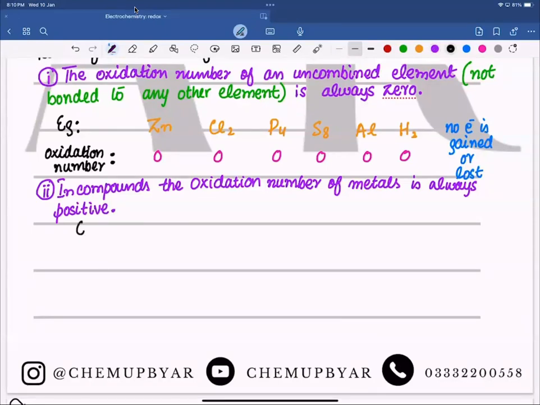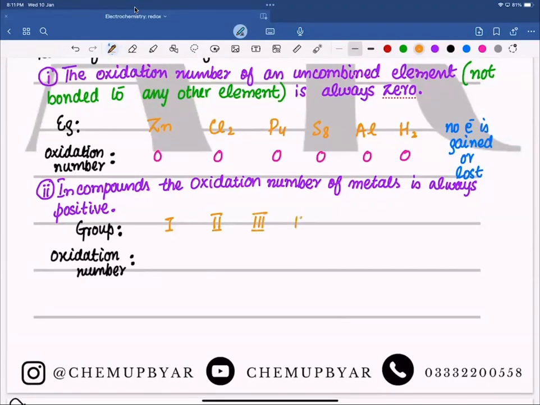Now, it depends on the group. So, the metal can be in group 1 or group 2 or group 3 or from group 4 or transition metal. So these are the groups which usually contain metals in the periodic table.